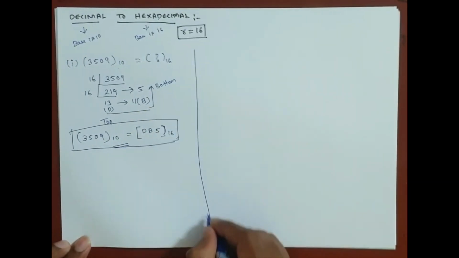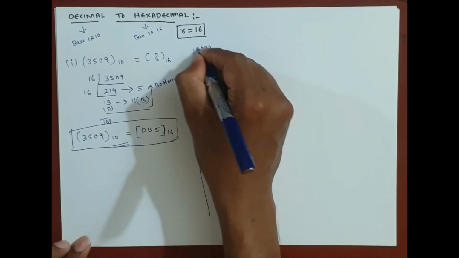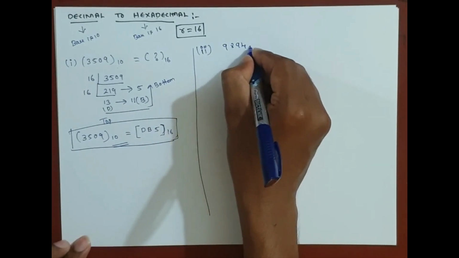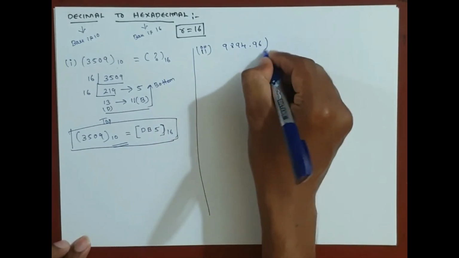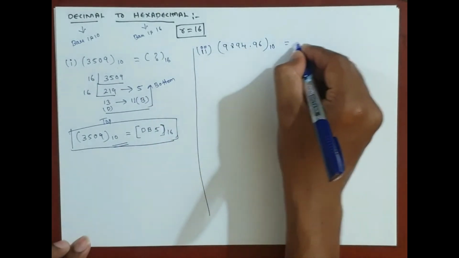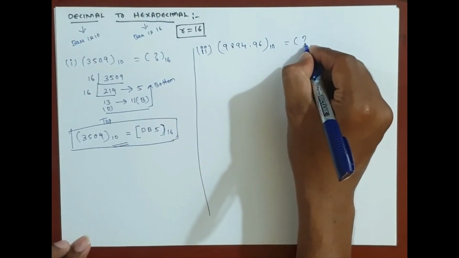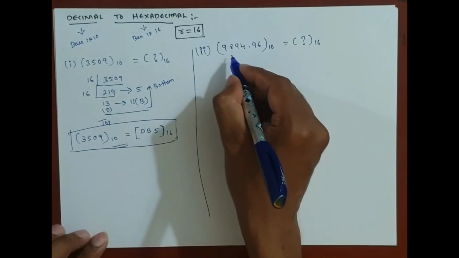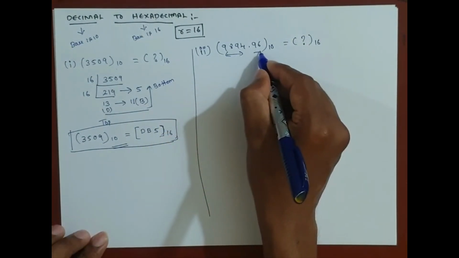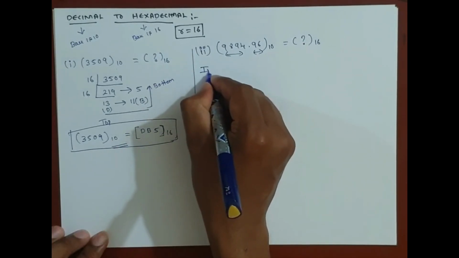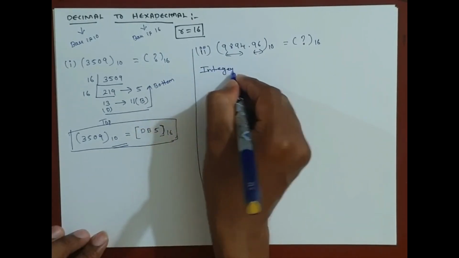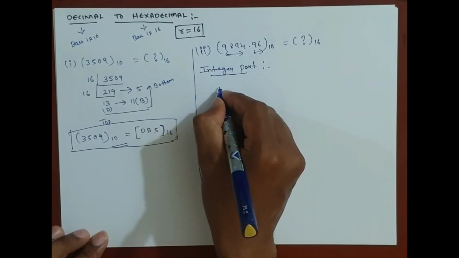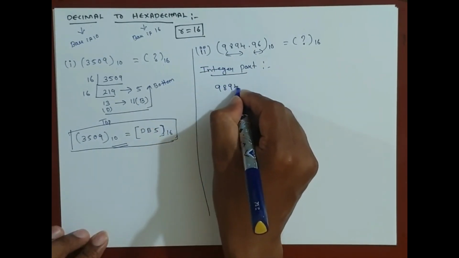Similarly, if I consider second numerical, assume that we are having 9894.96 to the base of 10 equal to question mark to the base of 16. So here we are having both integer part and a fractional part. First we will consider integer part, that is 9894.